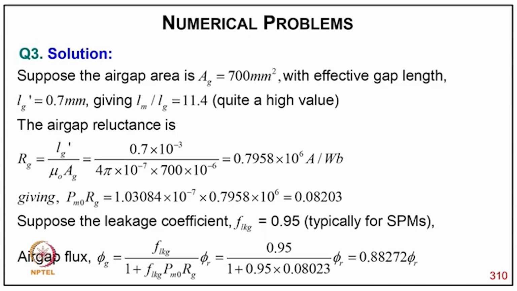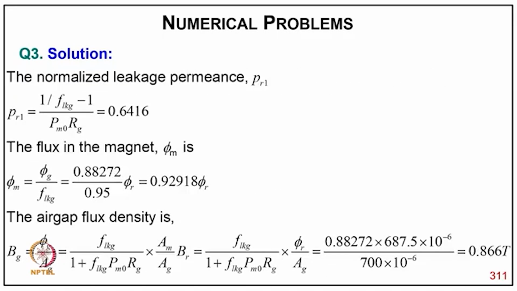So air gap flux is phi g equal to f LK phi r divided by 1 plus f LK Pm0 Rg. Putting the value it comes 0.88272 phi r, and the normalized leakage permeance Pr1 equal to 1 upon f LK minus 1 divided by Pm0 Rg.